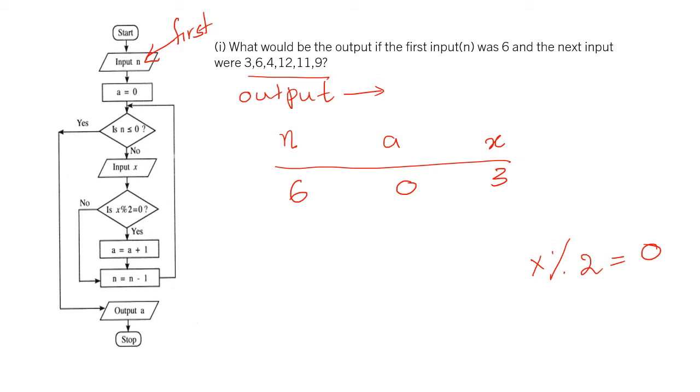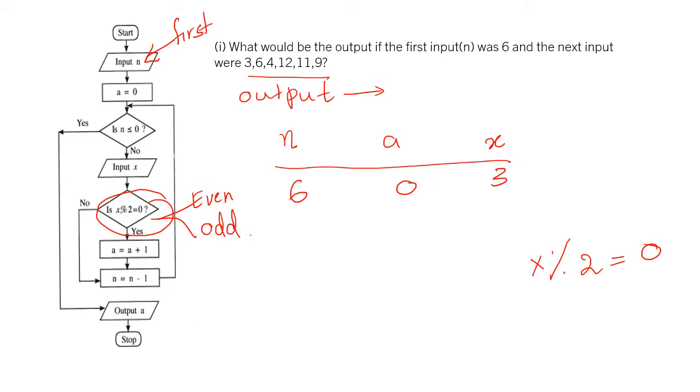So in this section, we are checking whether the number you enter is an even number or an odd number. If it is an even number, you are going to add 1 to a. If it is not, here you are subtracting from n value.